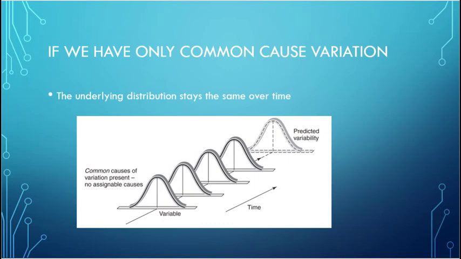So the shape of the underlying distribution is the same as time progresses. Each sample makes the same shape for the underlying distribution. So the reason that this is important is that if the underlying distribution stays the same from one sample to the next, then we can use that underlying distribution to make predictions about what we'll be able to do in the future.